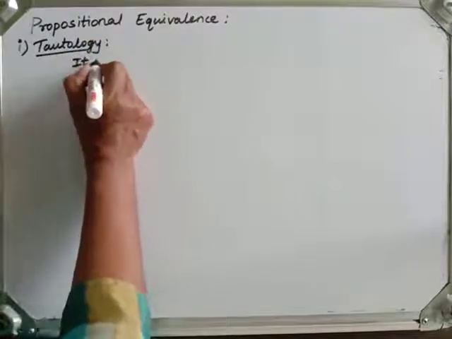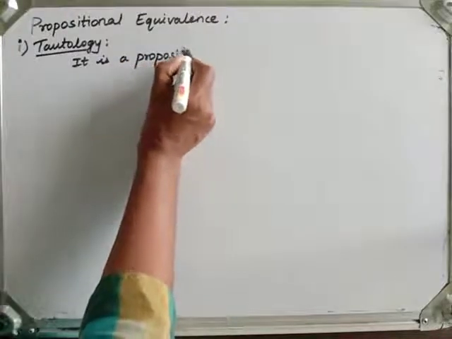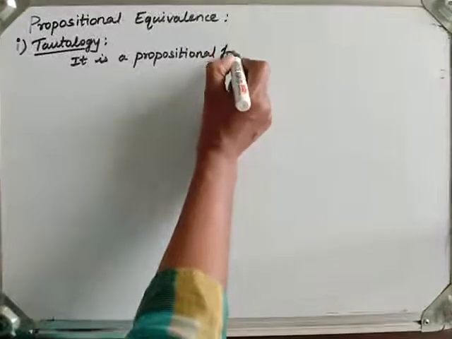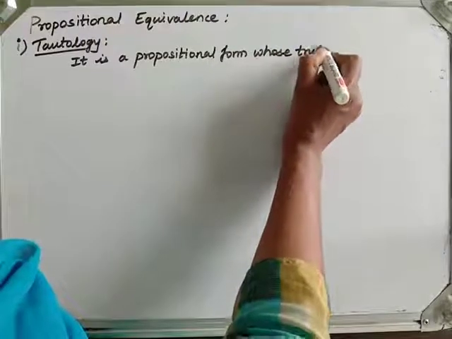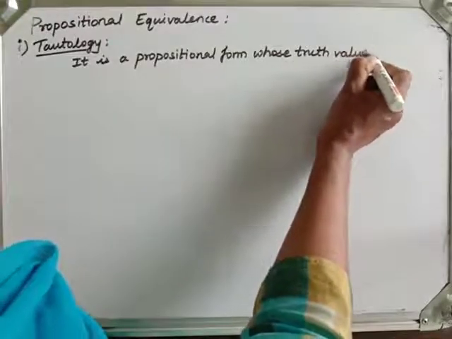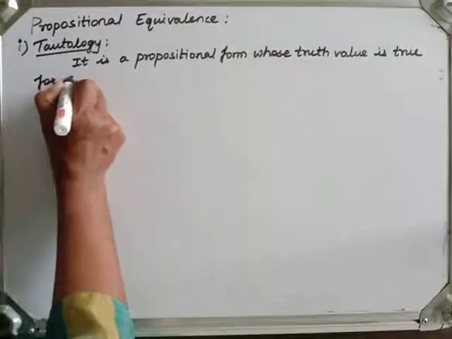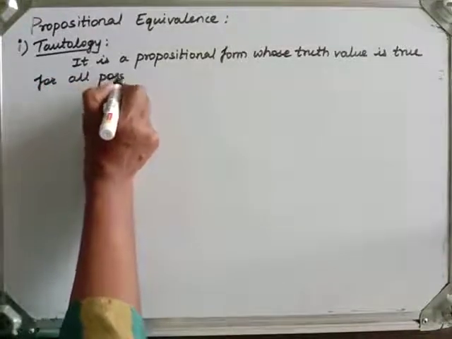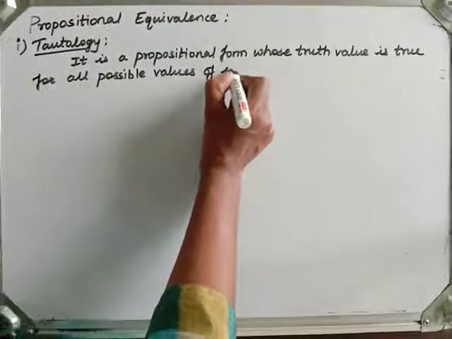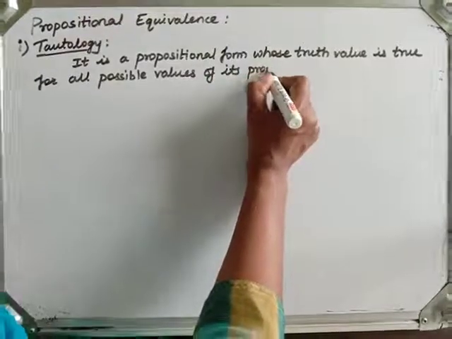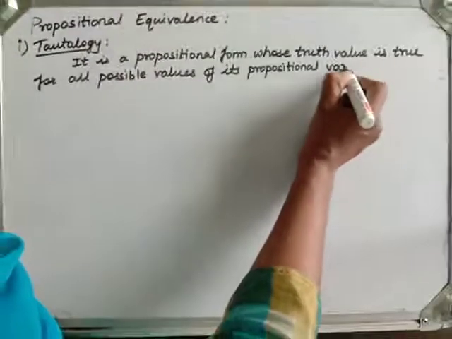It is a propositional form whose truth value is true for all possible values of its propositional variables.